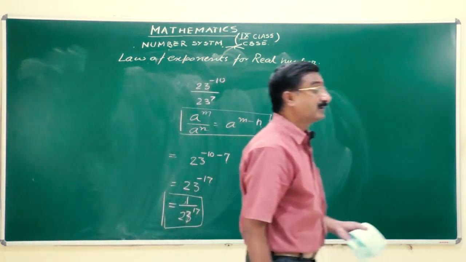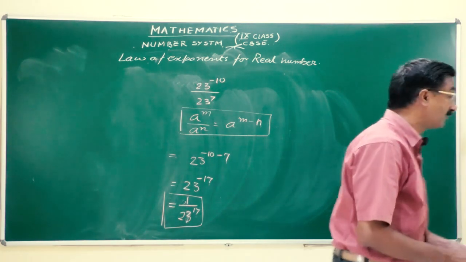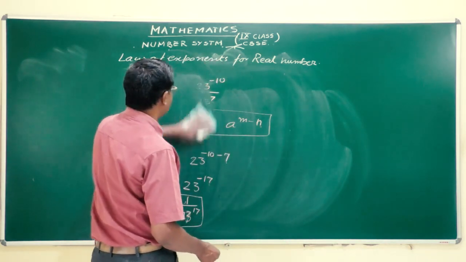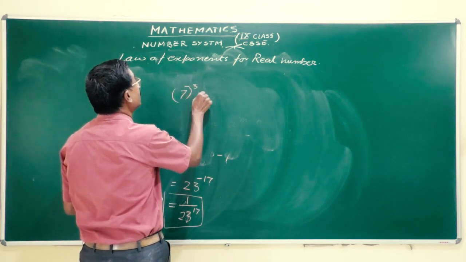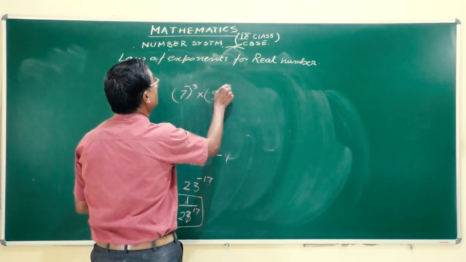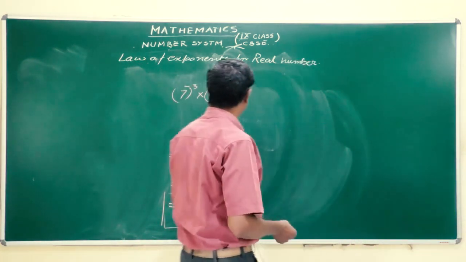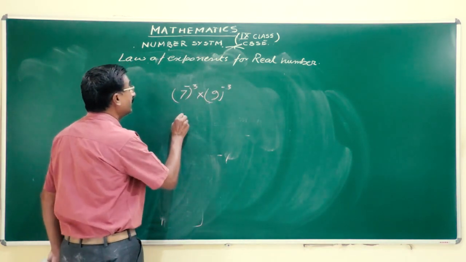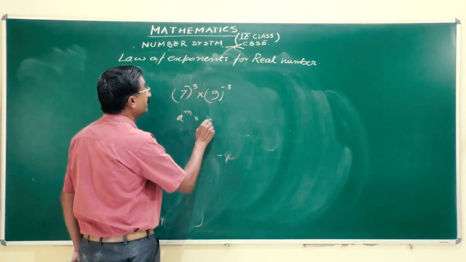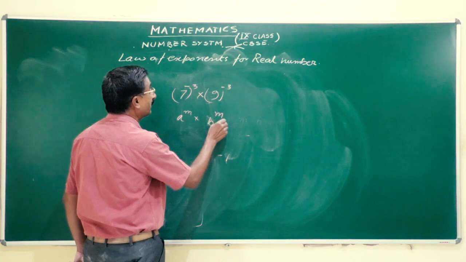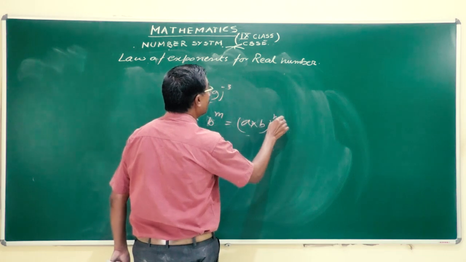The next problem is also a very simple problem. 7 raised to the power minus 3 into 9 raised to the power minus 3. Again, a raised to the power m into b raised to the power m is equal to a into b whole raised to the power m.